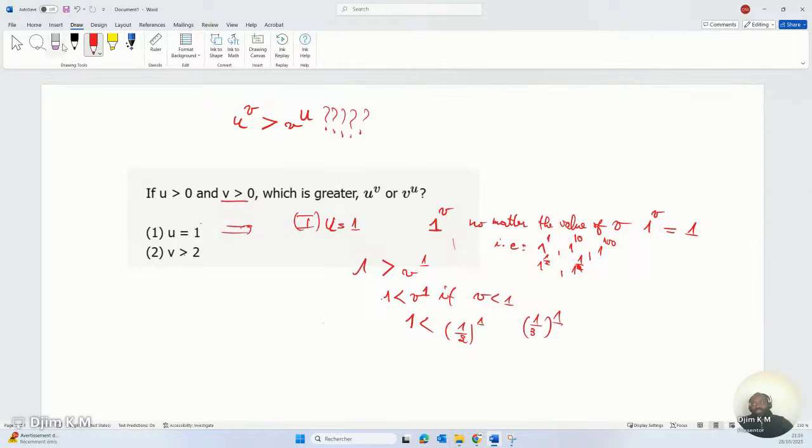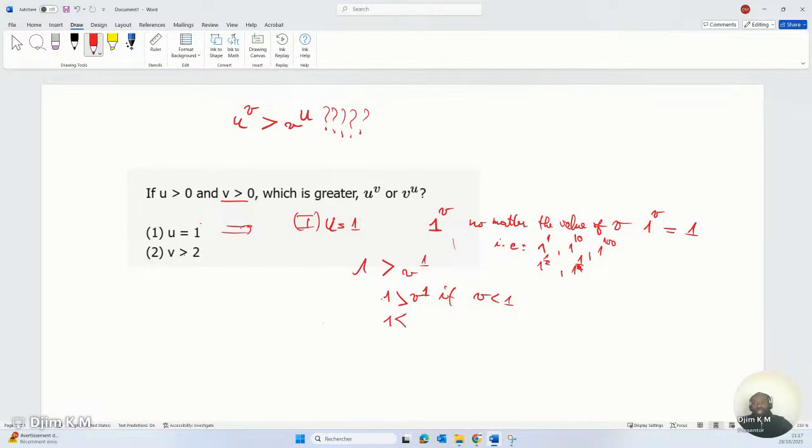But we can also say that, for sure, 1 will be greater, no, no. Here, 1 is greater than v to the power 1 if v is less than 1.